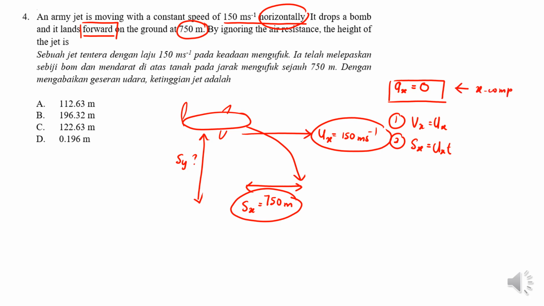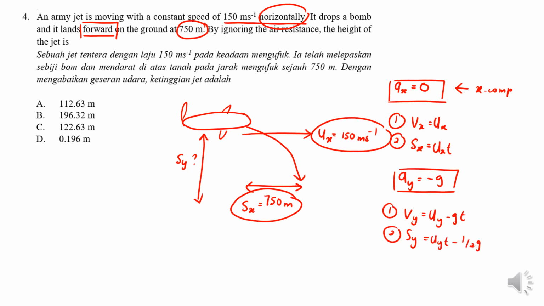And then for the y component, we know ay equals negative g. So the equations that we will get for the y component would be three. The first one is vy equals uy minus gt. The second one would be sy equals uyt minus half gt squared.